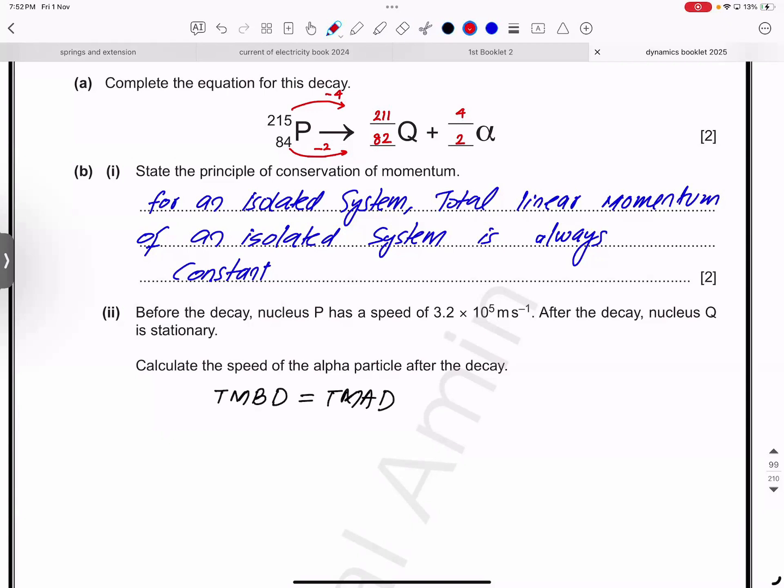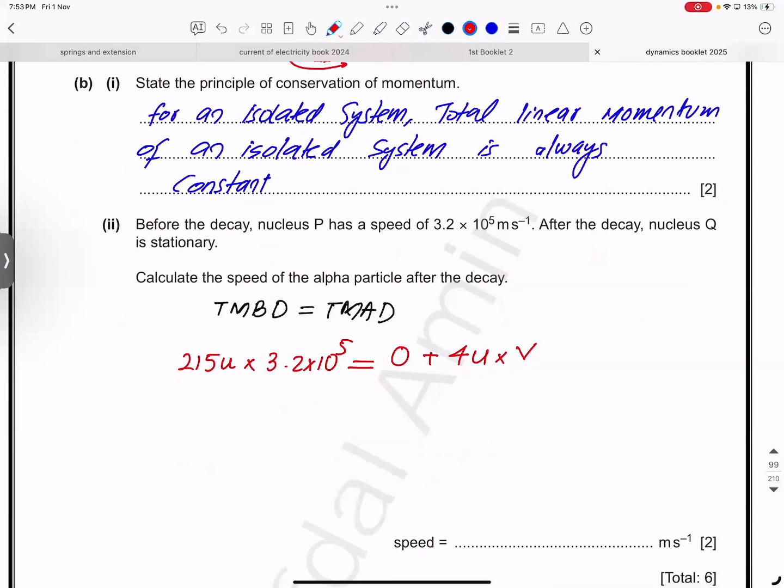Before decay is P, with mass 215 U and speed 3.2 times 10 to the power 5. After decay, Q is 0. Alpha is 4 U, speed we don't know.